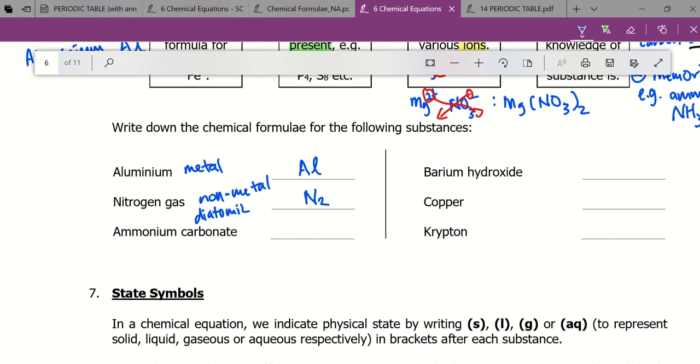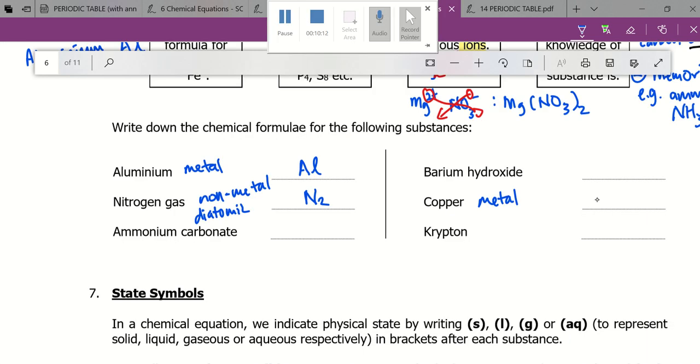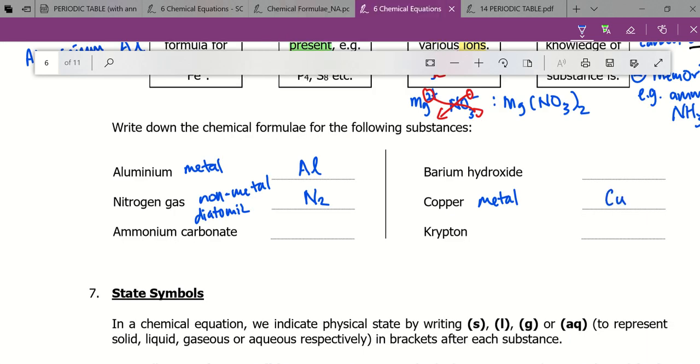Okay, let's do the elements first. Copper is a type of metal. So again, same thing. If you look at the periodic table, the symbol for copper is Cu, is not Co, right? Co is here, is cobalt. So it's Cu, and we will write it here as Cu.